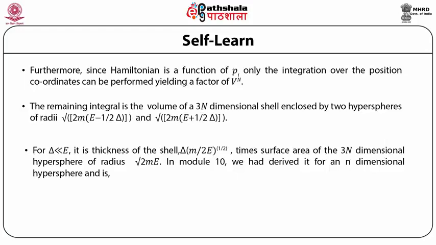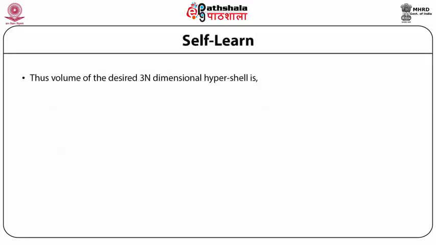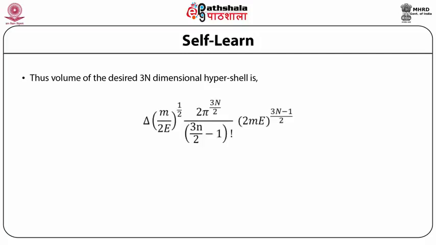In module 10, we had derived it for an n-dimensional hypersphere, and it is Sn equal to 2 pi raised to power n by 2 divided by n by 2 minus 1 factorial, whole multiplied by r raised to power n minus 1. Thus, the volume of the desired 3N dimensional hypershell is delta multiplied by m upon 2E raised to power half, multiplied by 2 pi raised to power 3N by 2 divided by 3N by 2 minus 1 factorial, multiplied by 2mE raised to power 3N minus 1 divided by 2.